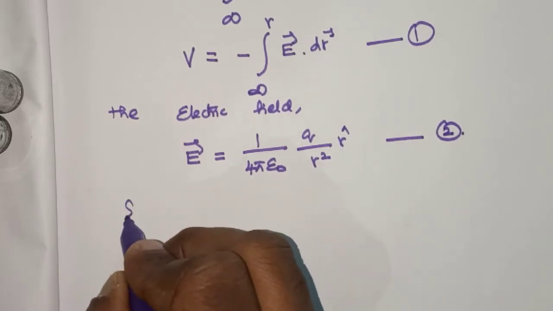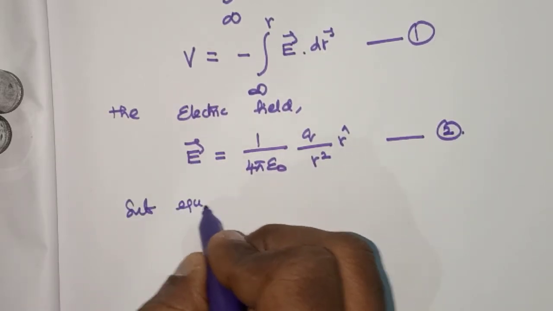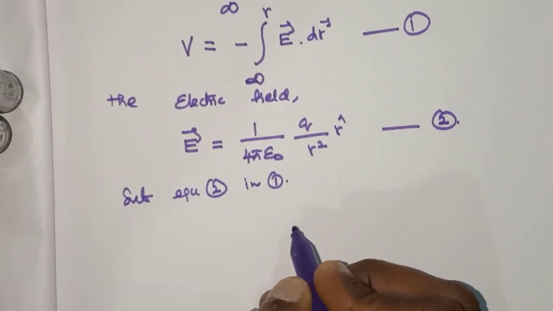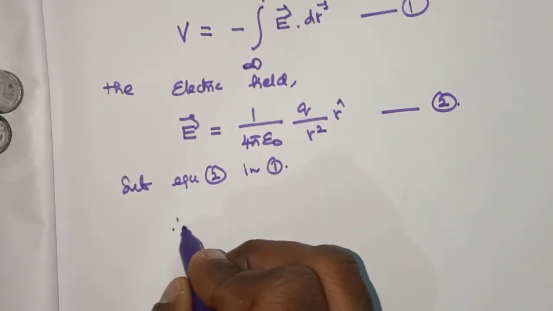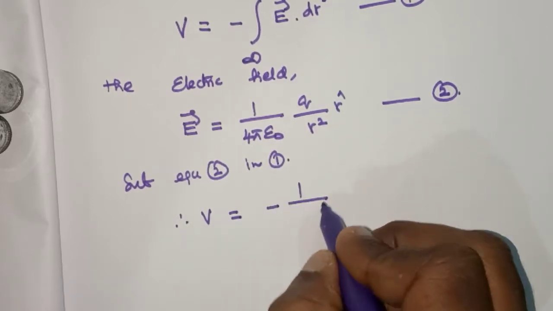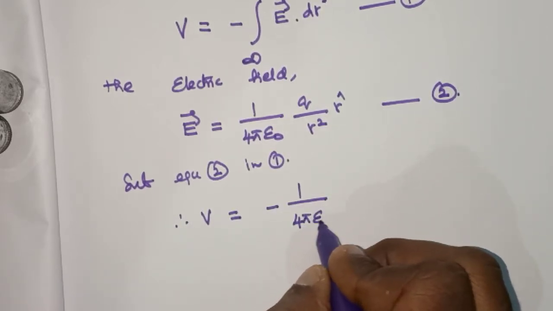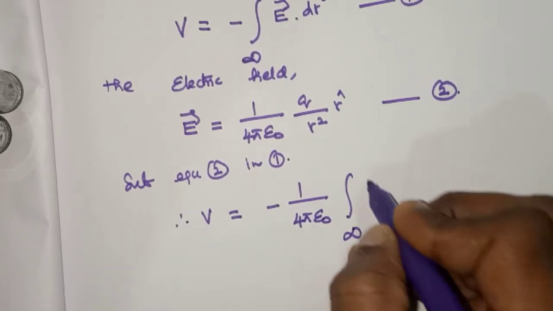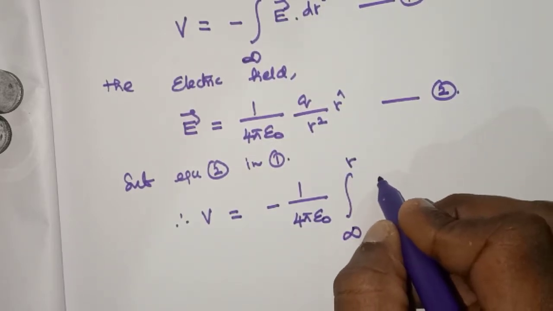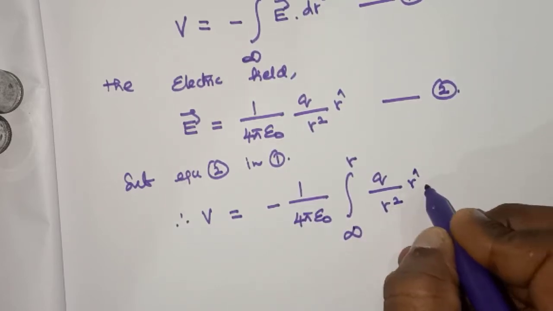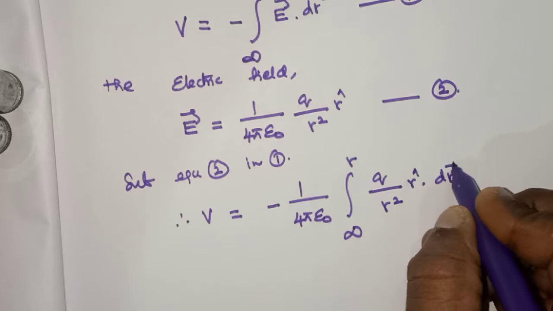Substitute equation 2 in 1. So I am getting V equal to minus 1 by 4 pi epsilon naught integral infinity to R Q by R square R cap dot dr vector.